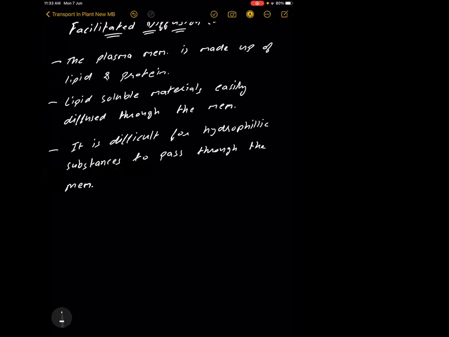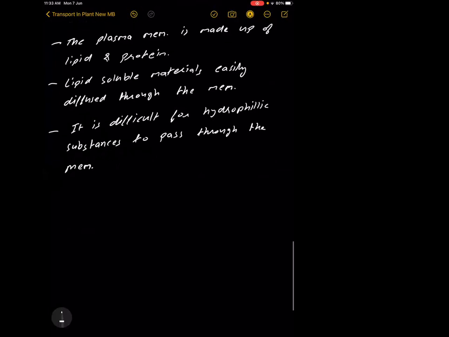Substances pass through the membrane. Are lipids hydrophilic or hydrophobic? Lipids are hydrophobic, always hydrophobic. You cannot mix lipid or oil in water.